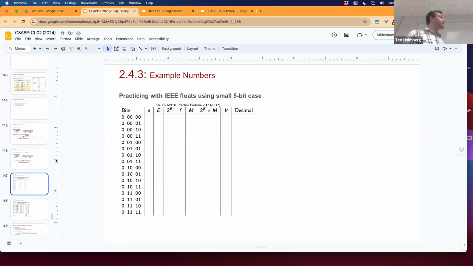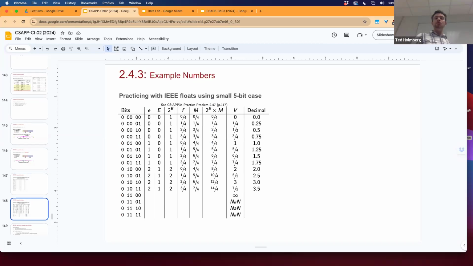Okay, so here is an example of a 5-bit case, again, pulled from the book. Now we can view this on the chart just like this, where it shows our bit sequences, subdivided into 3 partitions. This first partition is our sign bit. The second partition is our exponent bits.